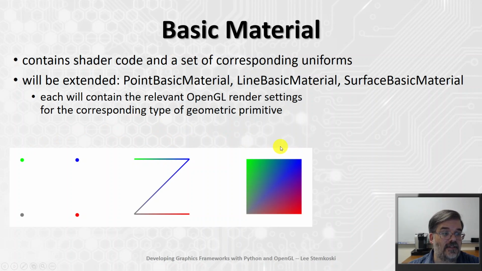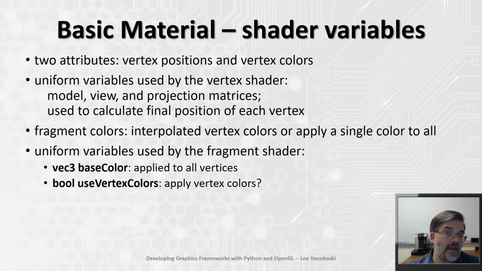So to begin, in the basic material class, there's going to be 2 attributes we need in the vertex shader. We need the positions of each vertex. That's the main job of the vertex shader, to assign that final position. We'll also need vertex colors.